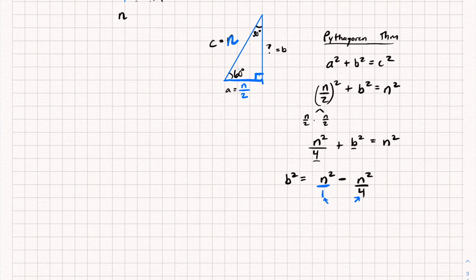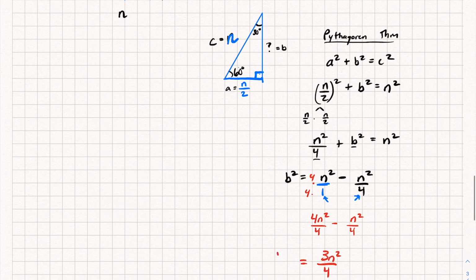To get that common denominator, I need to multiply top and bottom by 4. And so I'm doing 4n squared over 4 minus n squared over 4. 4n squared minus n squared is 3n squared over 4. And so this problem simplifies to b squared is equal to this. Now this is just one approach.